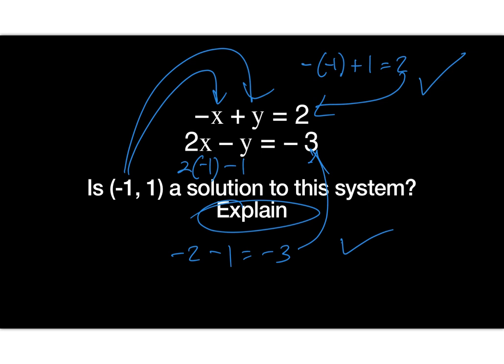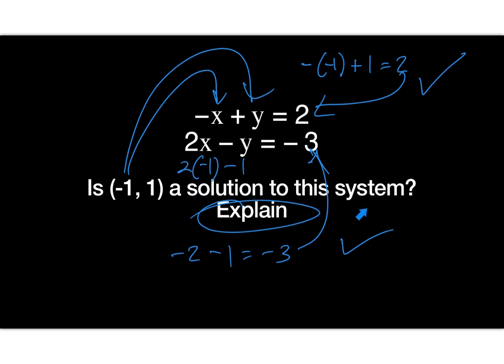So an explanation would be saying something along the lines of, the point negative 1, 1, when plugged into the first line for the variables, is a value that's on that line, because when I plug it in, I got that 2 equals 2. When I use this point with the second line, I also find that this point is on the second line as well, which means if it's on that line, it's also what we would call a solution.